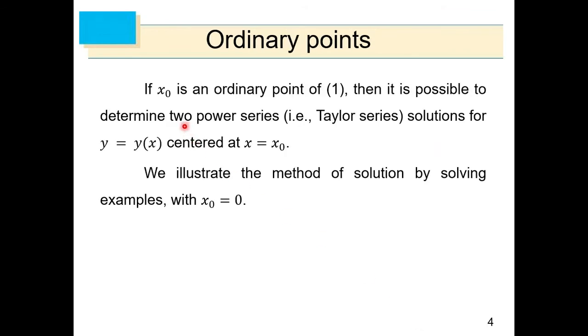Here, ordinary points: if x0 is an ordinary point of equation 1, then it is possible to determine two power series solutions for y centered at x is equal to x0.